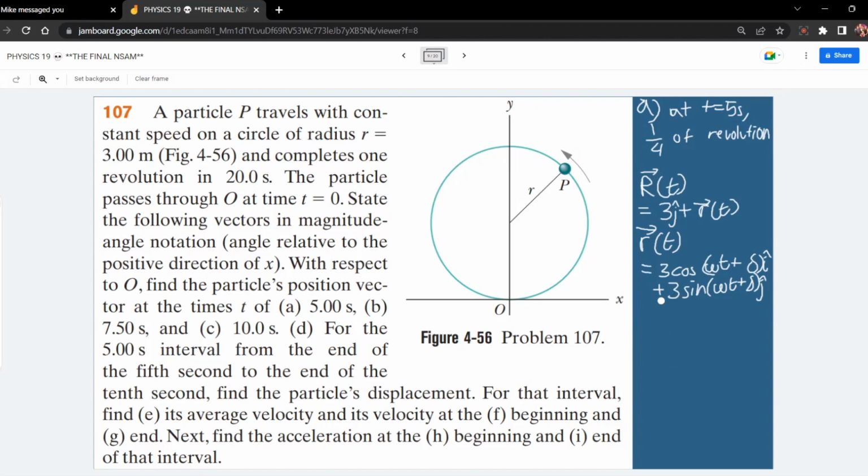So, tingnan mo yung ano. So, at t equals 0, nasaan ba yung particle with respect to the center?